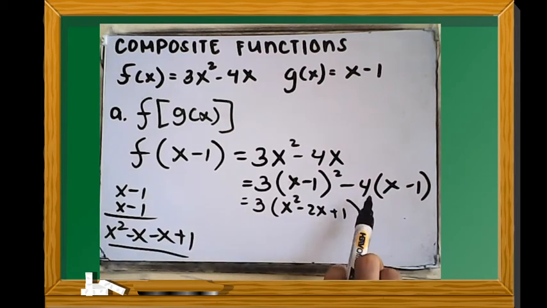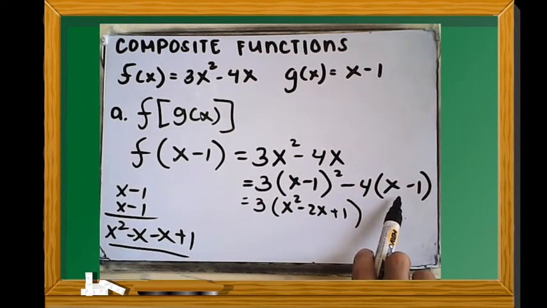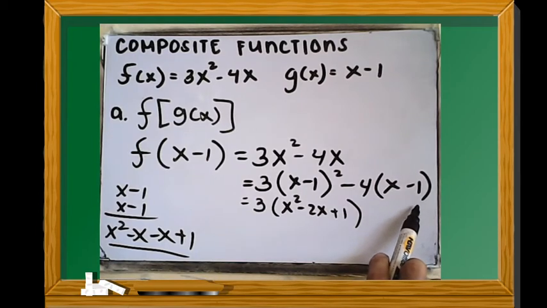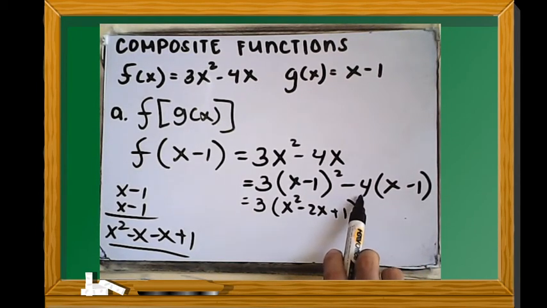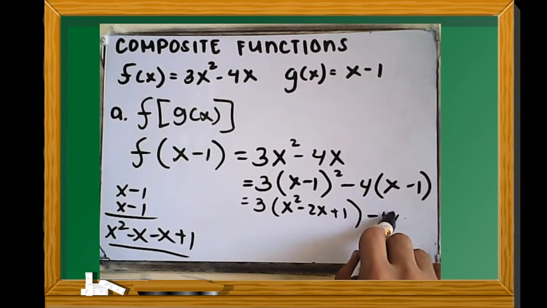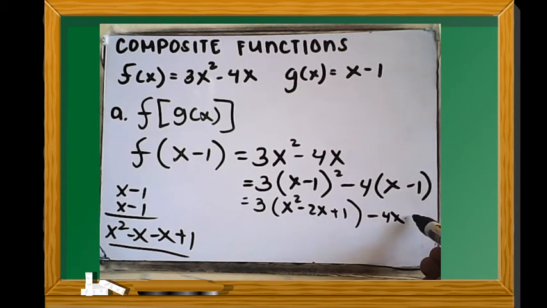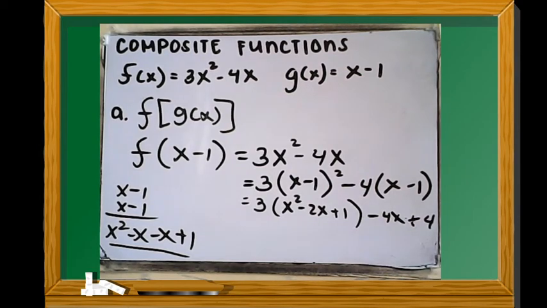And then here we will distribute negative 4 to each term inside the parentheses. So let's start with x. So negative 4 multiplied by x is negative 4x. And the negative 4 multiplied by negative 1 is positive 4.